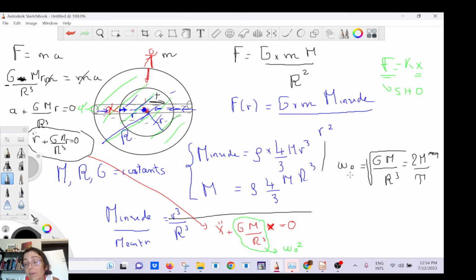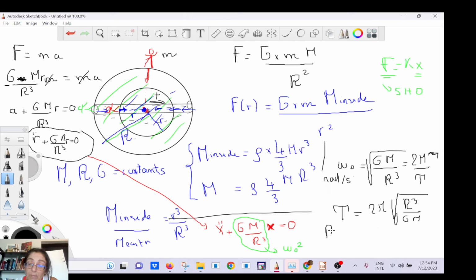That's the angular frequency. Unit is rad per second. So we have that the period equals 2 pi times the square root of radius cubed over G times the mass of the Earth.